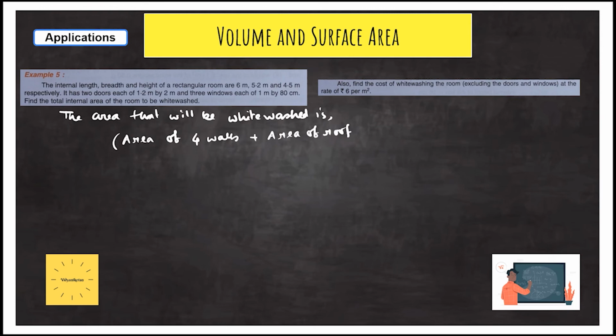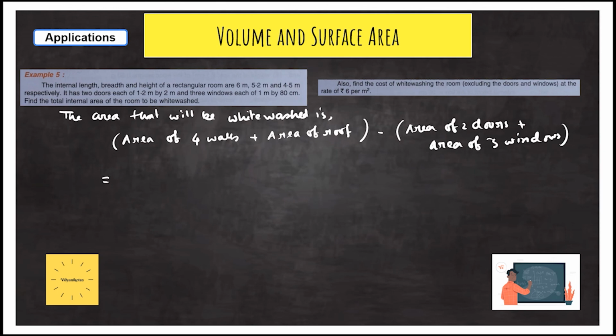This formula is very important. Minus area of 2 doors plus area of 3 windows. This is obvious because we are just leaving the window and the door for whitewashing.